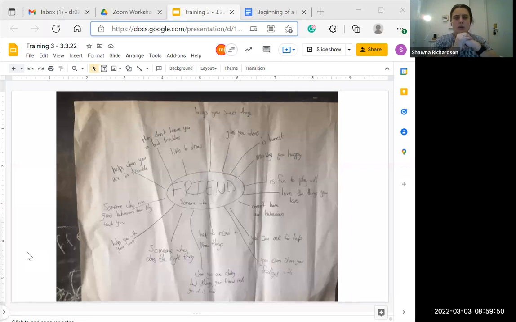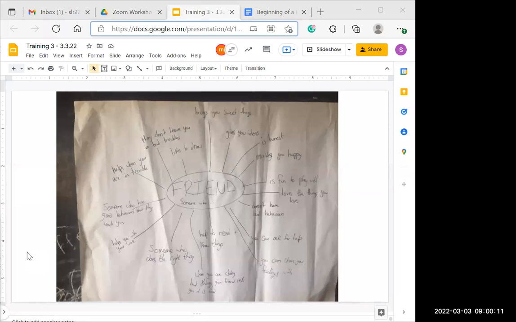Before we finish and go to the exit ticket, is there anyone else from last summer who used the bridge activity and wants to explain how it worked in their library? Sorry, Shauna, repeat again the question.